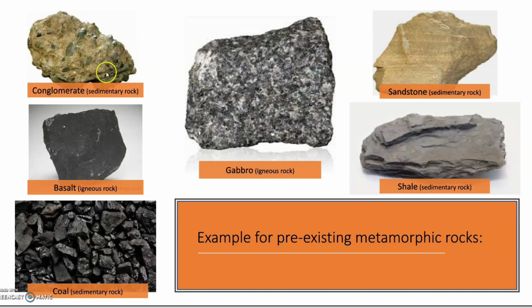So conglomerate will change into gneiss, basalt will change into schist, coal will change into graphite, gabbro will change into gneiss and coalite, sandstone will change into quartz, and shale will change into phyllite and mica schist.